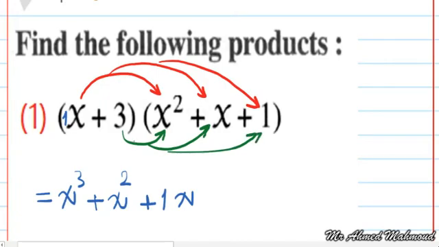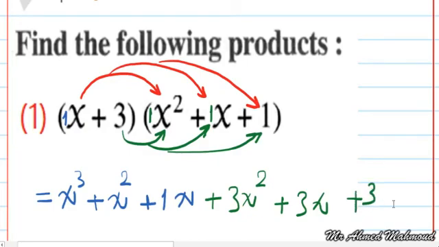Distribute 3 means multiply 3 by the whole bracket. Don't forget we have here 1 and here we have 1. Okay, it will be 3 times 1 equals positive 3 and write down x to the power of 2, and 3 times 1 equals positive 3 and write down x. Finally 3 times 1 equals positive 3, and here we don't have letters.